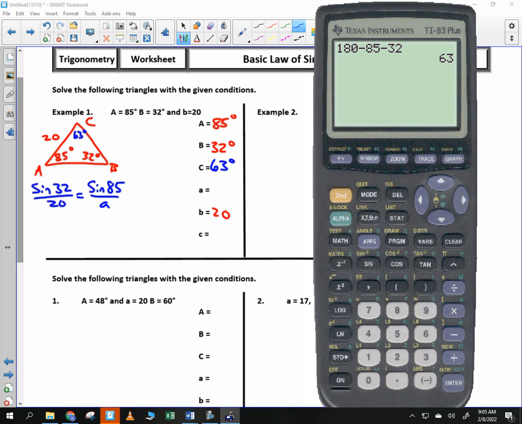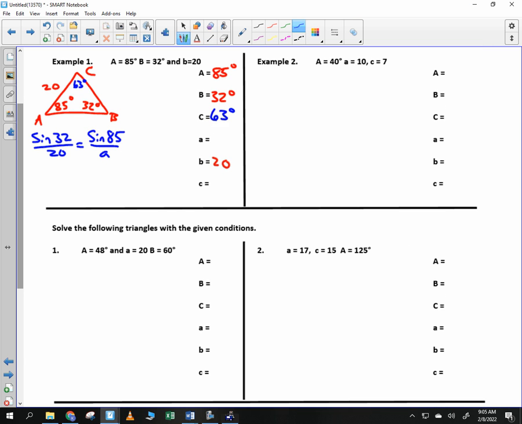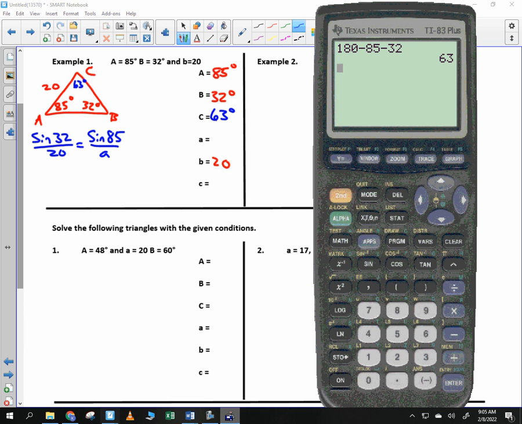Now, if you get used to the cross multiplying piece, can everybody see I'm going to multiply these two? And I'm going to divide by this one. So I can do that operation pretty quick in my calculator. I'm going to multiply these two, and I'll be dividing by that one.